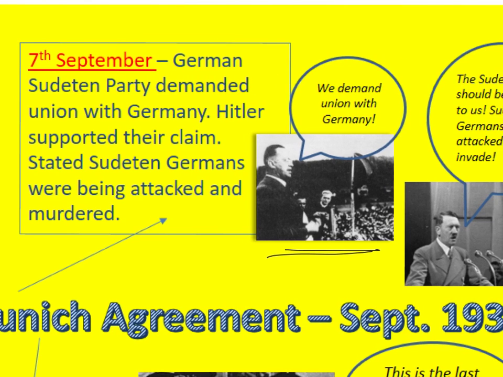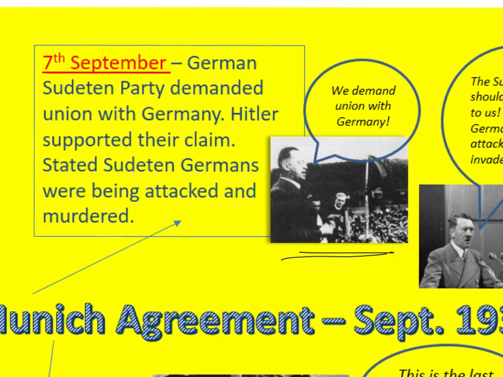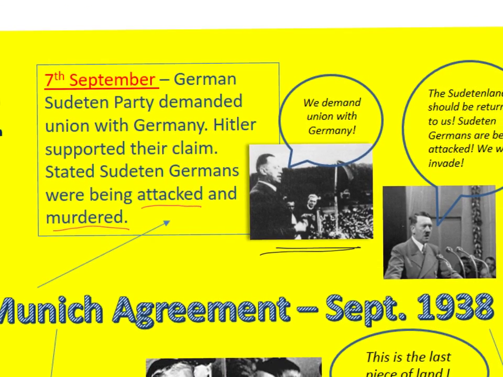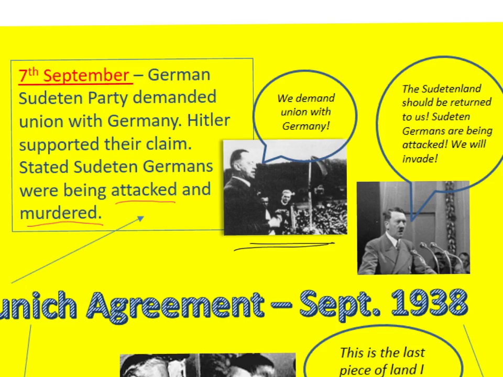Now, he stated, and other high-ranking Nazis like Goebbels stated, that Sudeten Germans were being attacked and murdered by the Czechoslovakians. Now, there was most likely some kind of persecution within the Sudetenland, but nothing to the extent that the Nazis proclaimed.